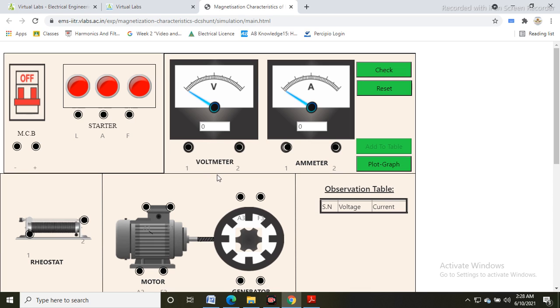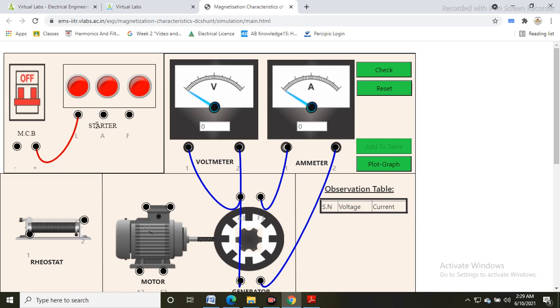So first connect the armature winding to the voltmeter, as we require no load voltage, and connect the ammeter to the field winding as we need the field current. So the two parameters we need, field current and open circuit voltage of the armature winding, we have connected. Now connect the supply to the DC motor through this starter.